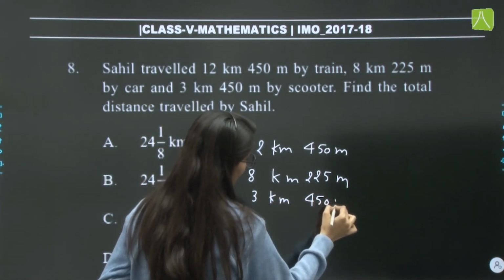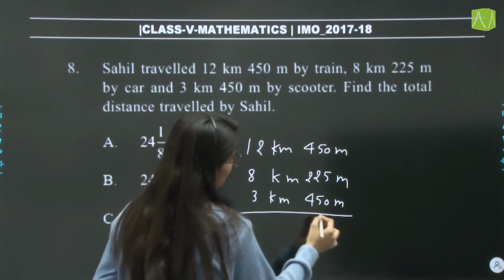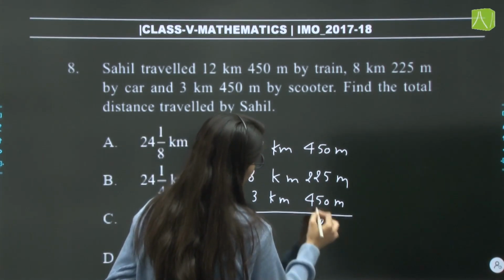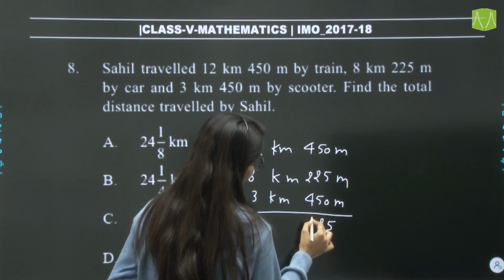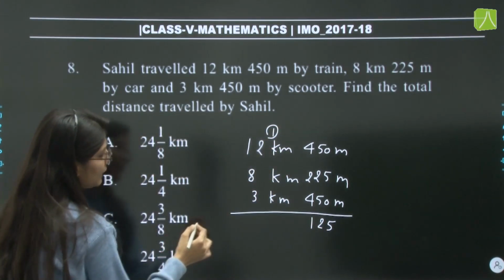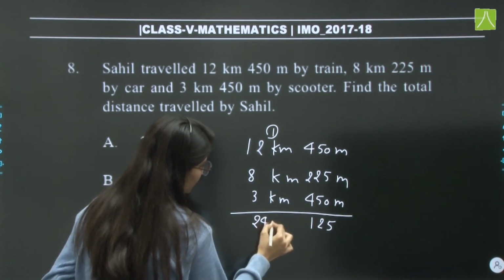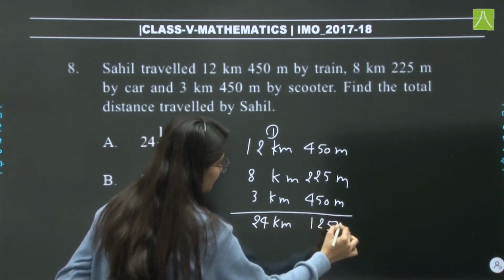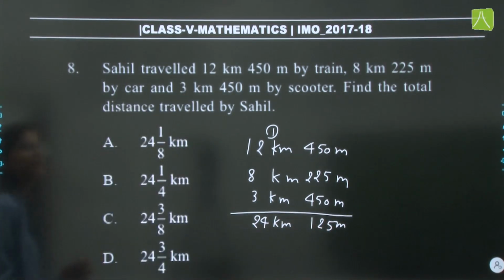So first we add this meter. So 1 will be carry, and then 12 plus 8, 20 plus 3, 23, and 1, 24 kilometer and 125 meter. This is the total distance travelled by Sahil.